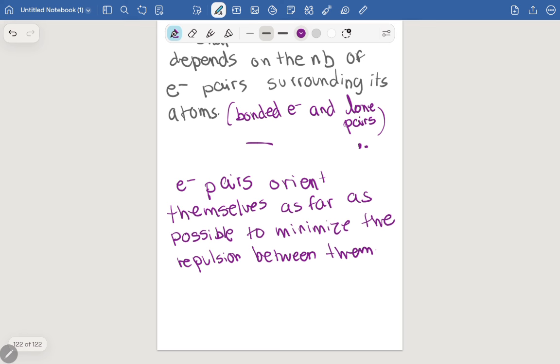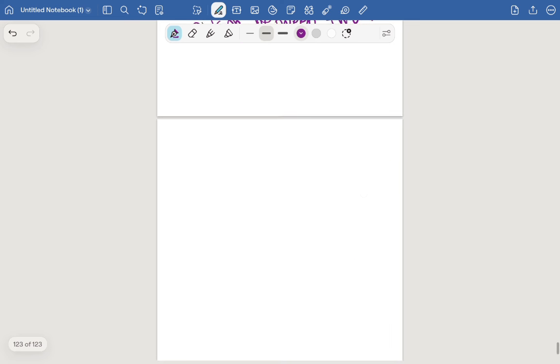Because of this theory, this is what started the VSEPR, okay? And what does the VSEPR state?